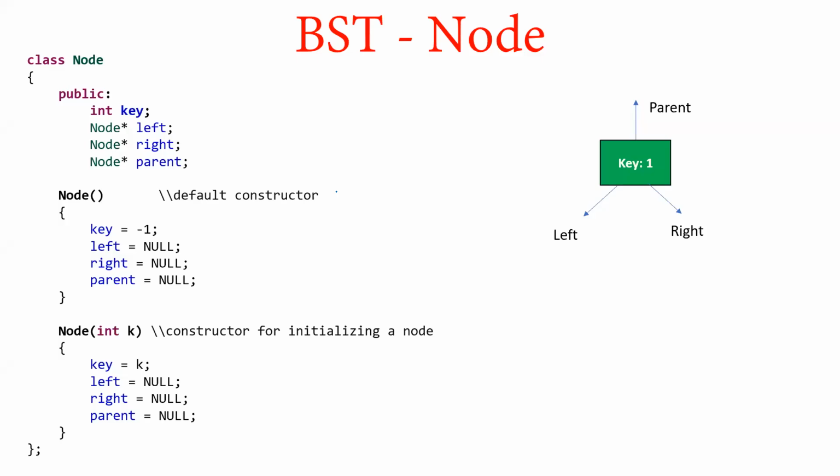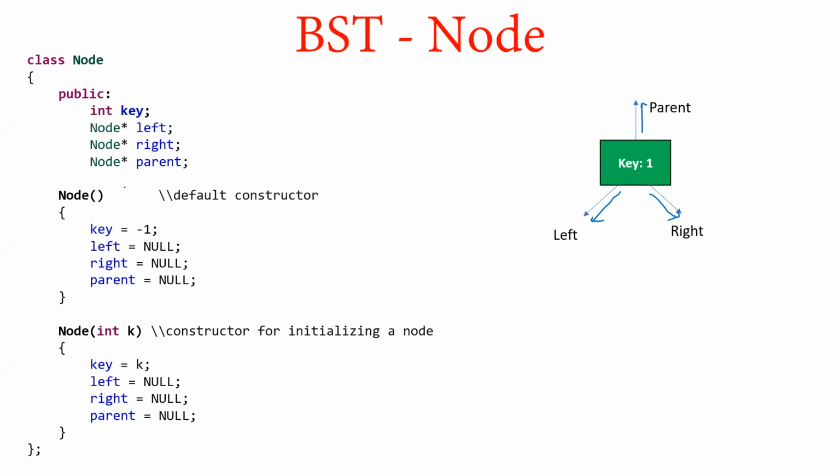In order to implement the binary search tree, first we need to implement the node class. We have three links: one link goes to the parent, one link goes to the left child, and one link goes to the right child.